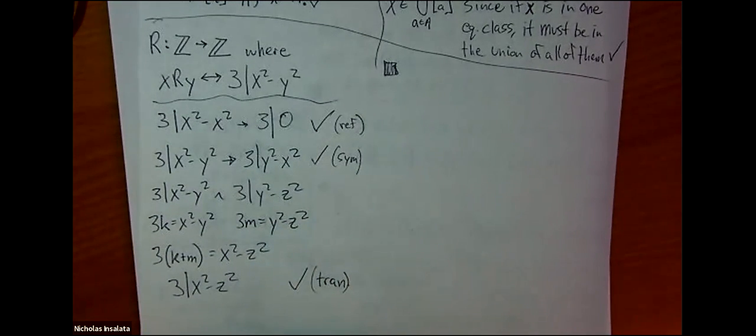Okay, so let me ask you this. What are the equivalence classes of R? Let me start with a question about strategy. How should we try to understand the equivalence classes of R? How should we try to figure out what they are? Any ideas?